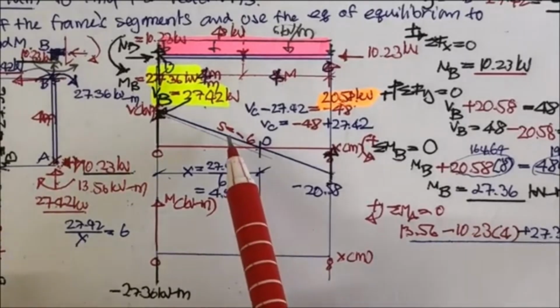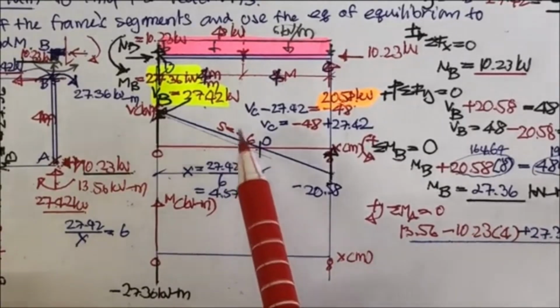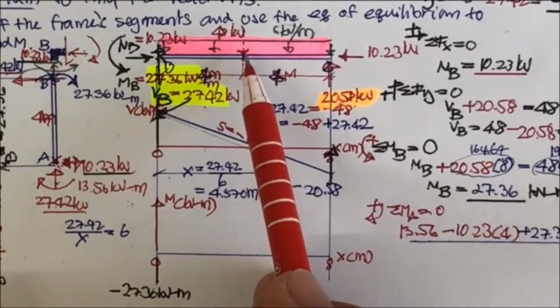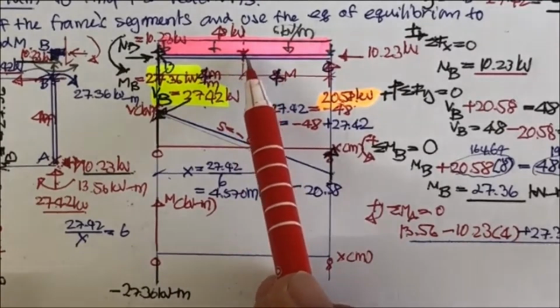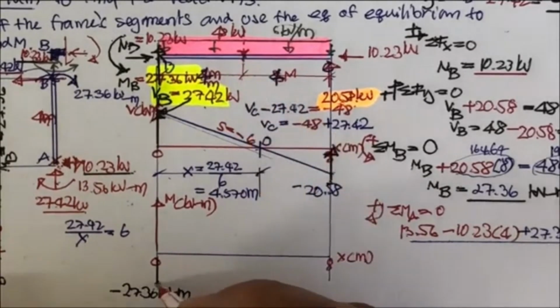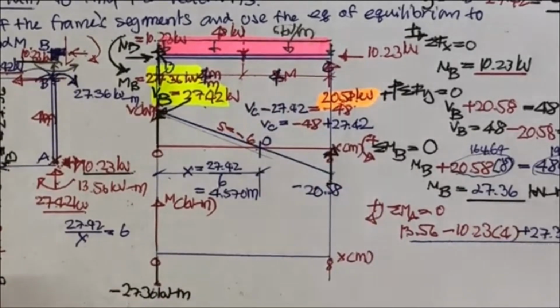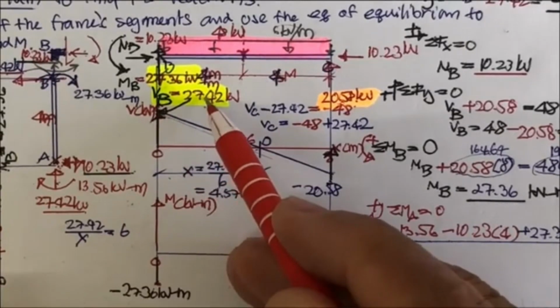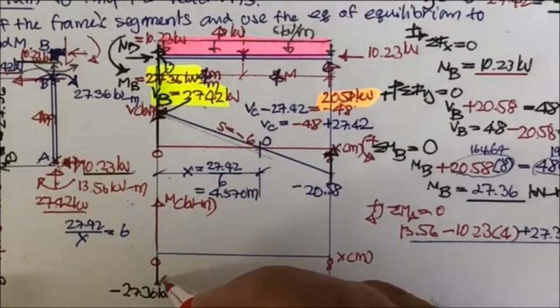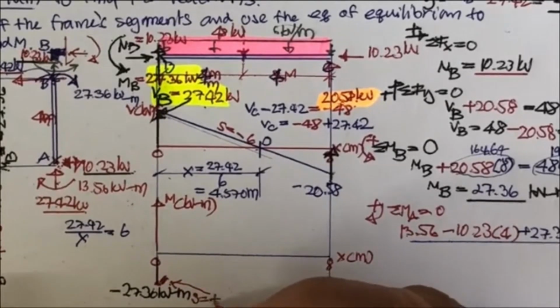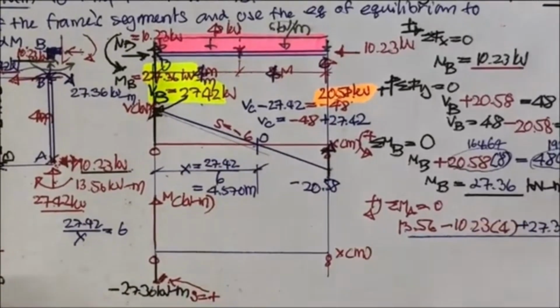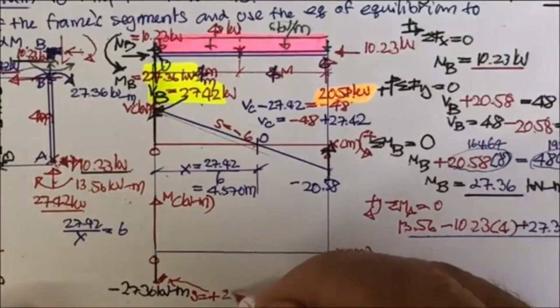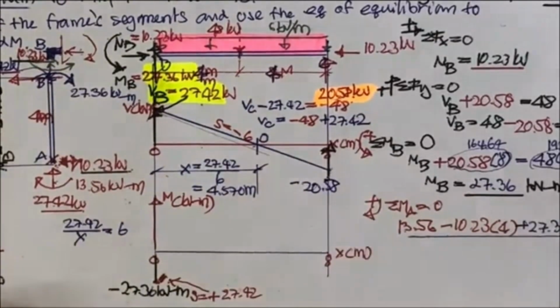You have to use the shear diagram. Draw the shear diagram. You use the segment of the structure. And since this one is negative 27.36, and the shear here is 27.43, you have dM/dx equal to V. So the slope is equal to plus 27.42.